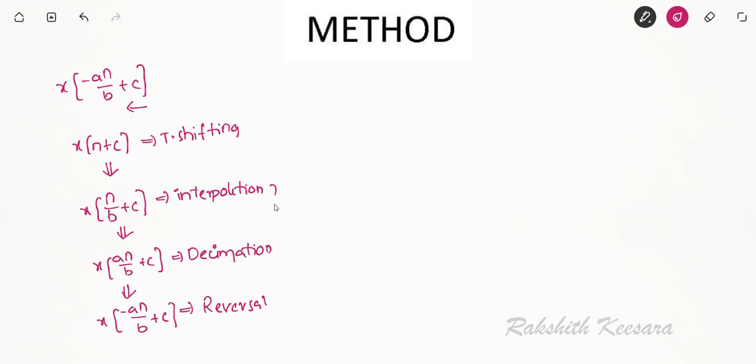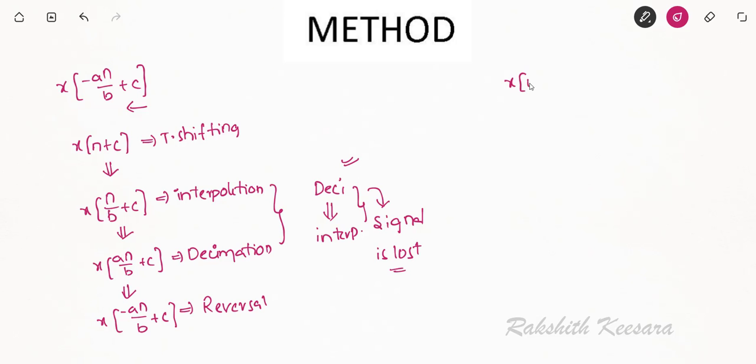So why is this so? What will happen if we perform in reverse manner? That is, what will happen if we first do decimation, next interpolation? If you do like this, our signal will be lost. So take this as homework.